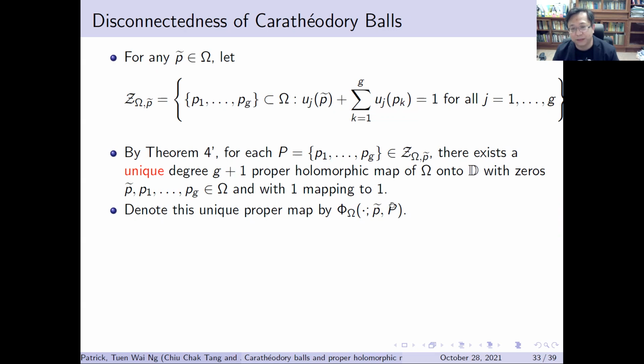Eventually this p together with p tilde will be the zero set, and this one will be just the proper map.